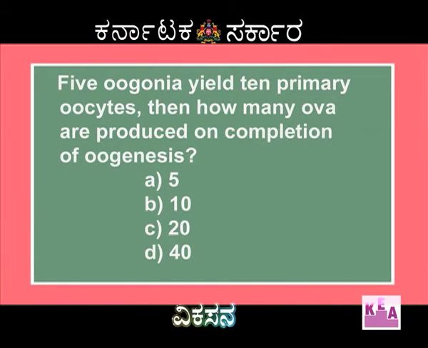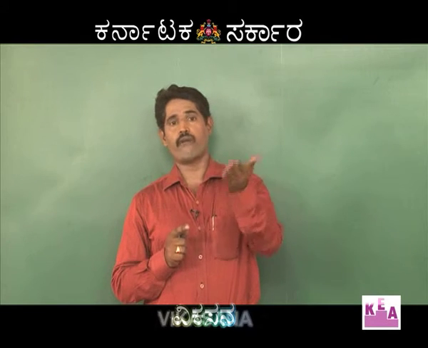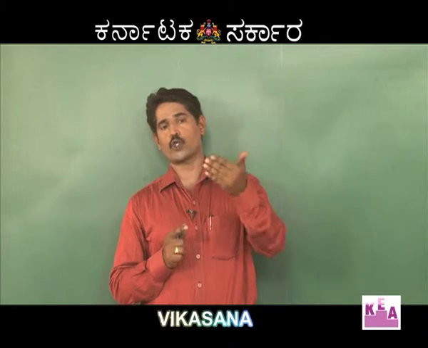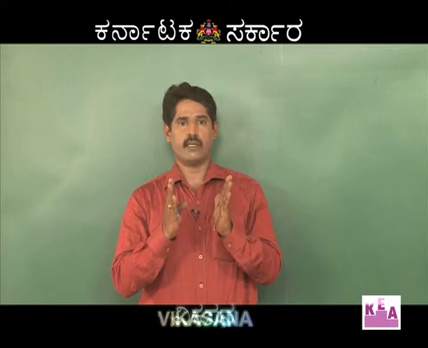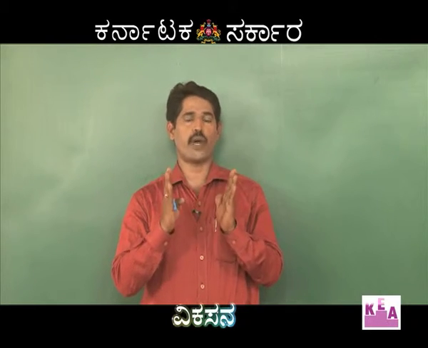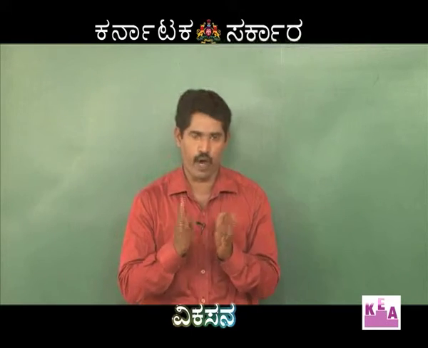As a result, look into this question: 5 oogonia yield 10 primary oocytes. Then how many ova are produced on completion of oogenesis? That should be 5. Because when 5 oogonial cells undergo the first and second meiotic cell divisions, 20 haploid cells are going to form.